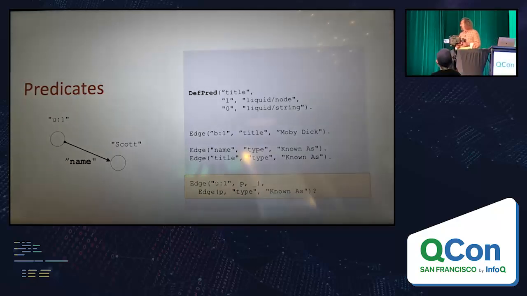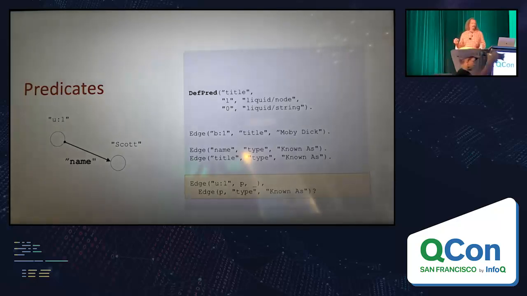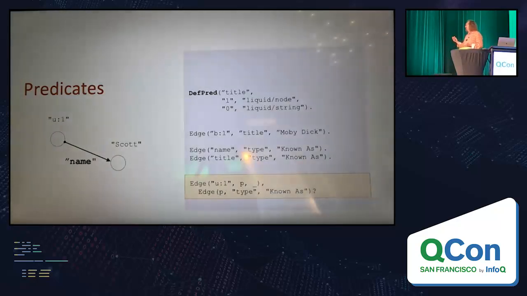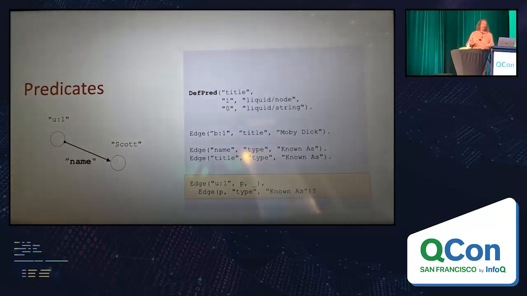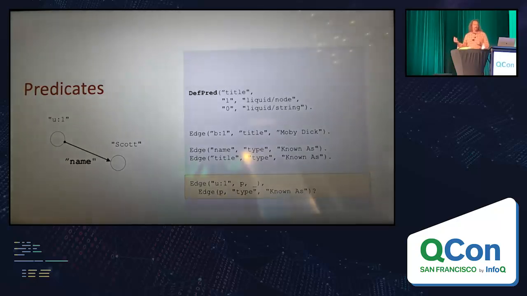What we're saying is, there's a thing, U1, I don't know much else about it. It's referred to by an edge with some kind of predicate. And the kind of predicate is anything referred to by an edge with the type known as. So I'm able to define what a name-like thing is, and I'm able to ask for it in a query.